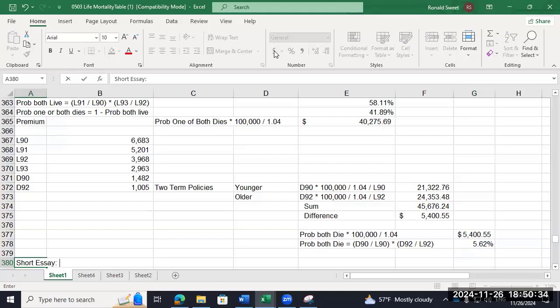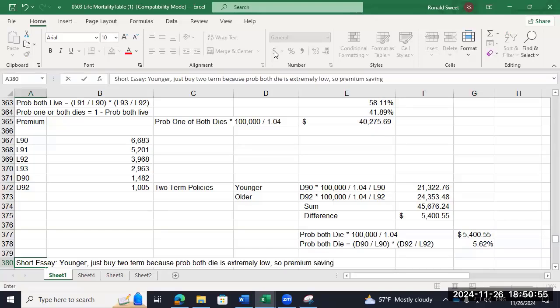Go back to the class notes, but essentially older, younger, just buy 2 term, because, and this is critical, probability both die is extremely low. So premium savings is negligible.